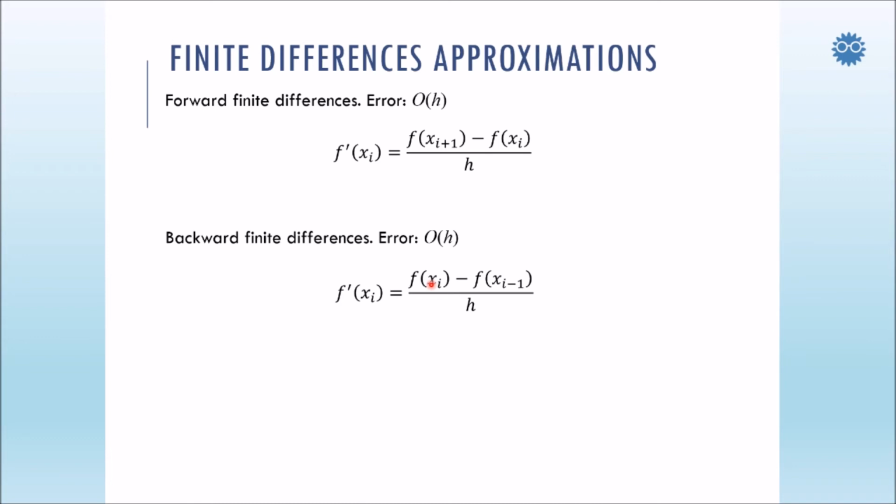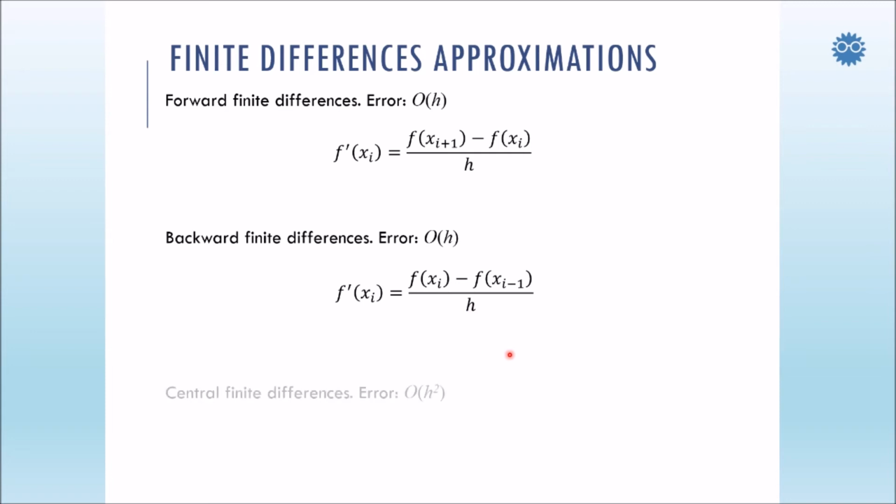Instead of going further in the positive direction of the x-axis, we take a previous point, a point in the negative direction of the x-axis. So it will be f of xi minus f of xi minus 1, over h.